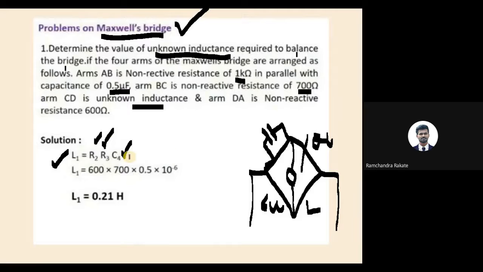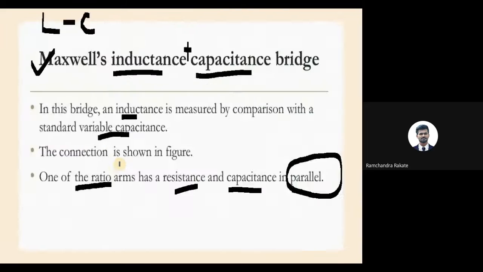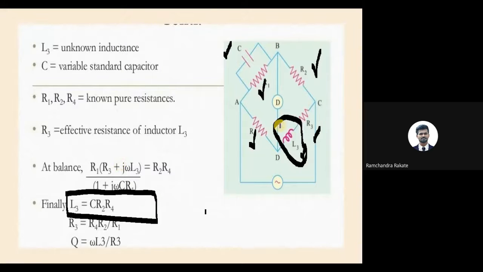I am again telling you, don't get stuck on R3, R4 and C4. Just be conceptual, because these are only notations. If I represent this resistance by R2, in another book you can observe R3 there, so don't get confused.